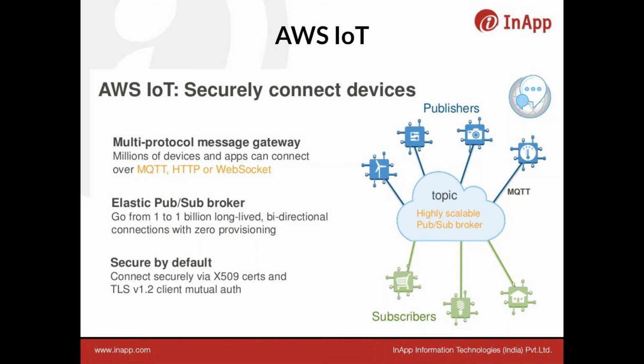So TLS version 2 should be there for communication, and an elastic publish subscribe model, that is what the IoT broker system does, going from 1 to 1 billion devices by bidirectional connection. So multi protocol, you can connect with other protocols as well, but MQTT is the preferred way of talking to AWS IoT on the device.